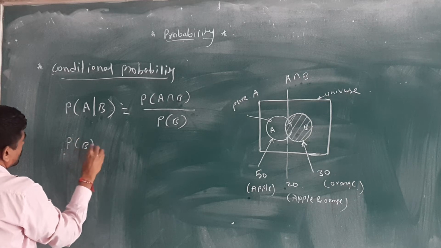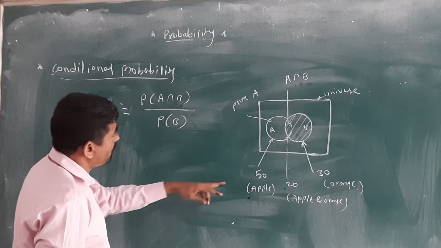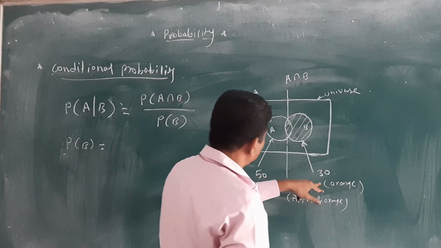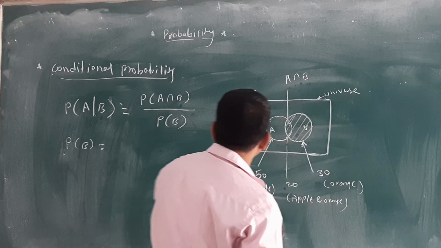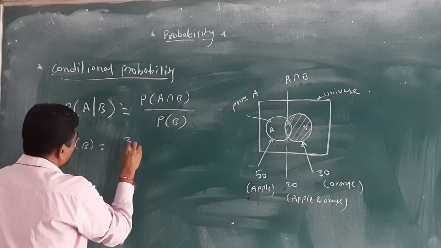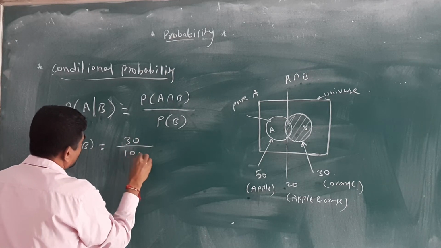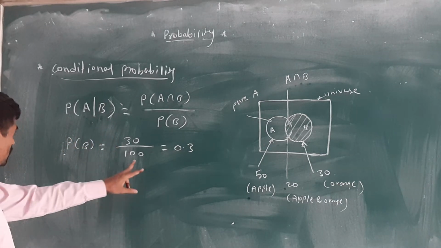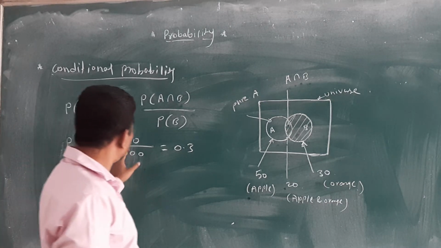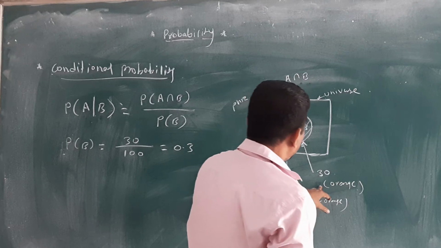First we calculate the probability of B. The probability of B: 30 students like the orange, out of 100. You will get 0.3. Total students is 100, and out of that 30 like the orange.